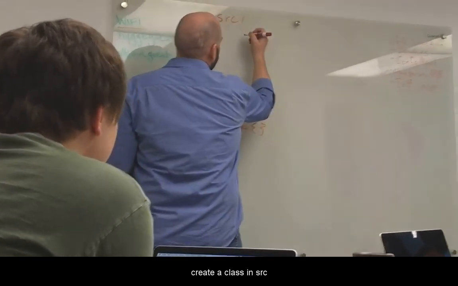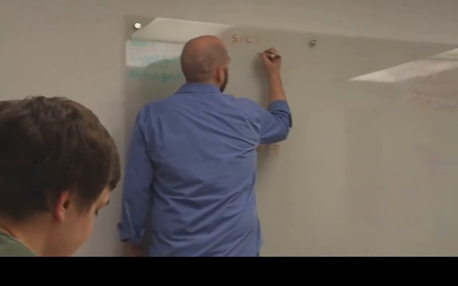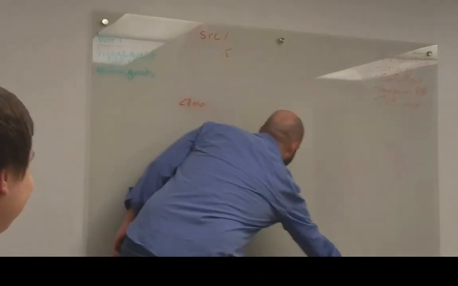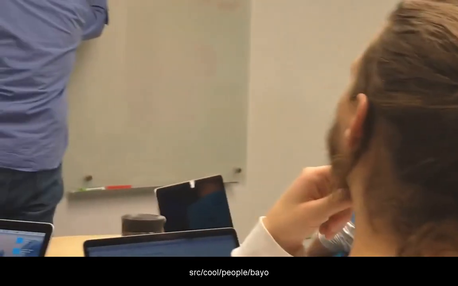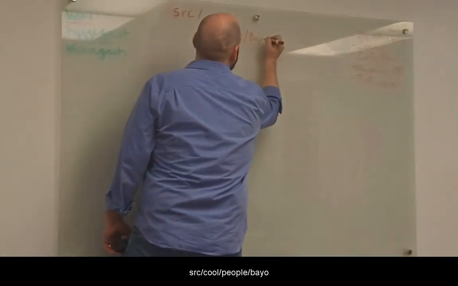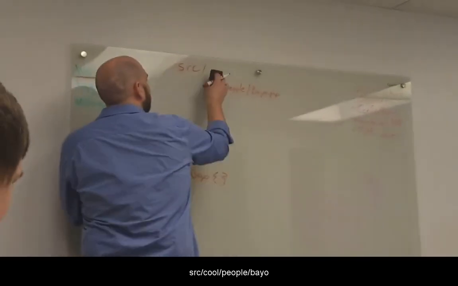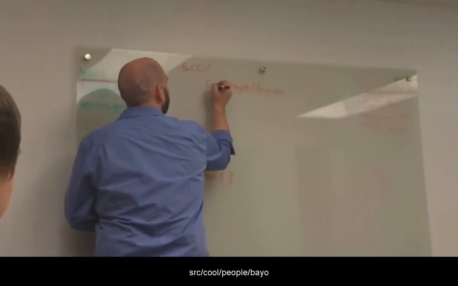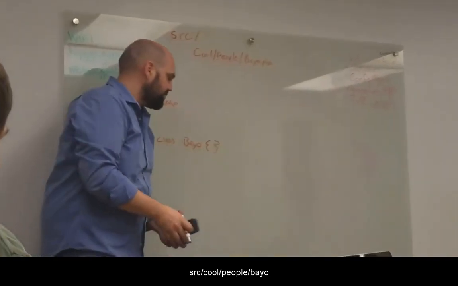I'm going to make up a folder called Cool People. That's a perfect example because it gives us two words, just to show that this is a capital C. Okay, so this is where our file lives.